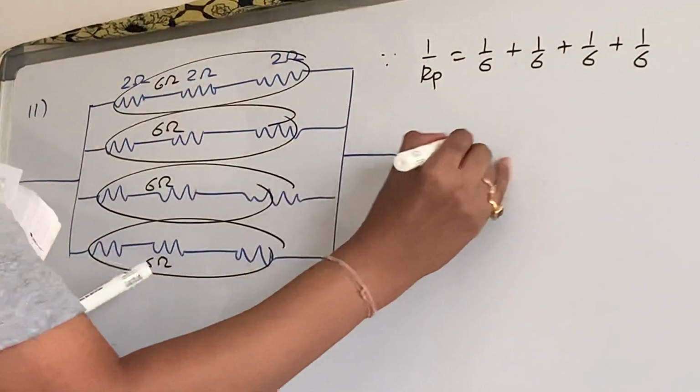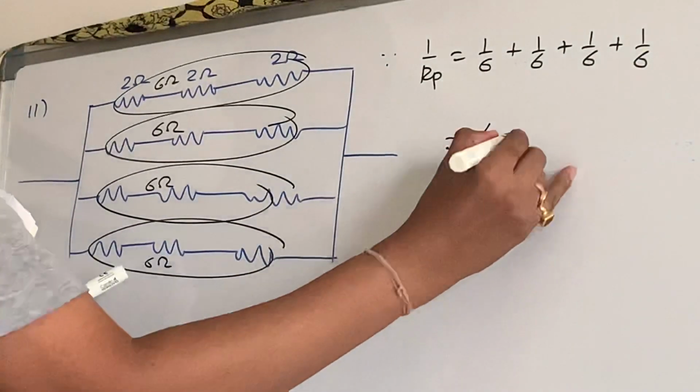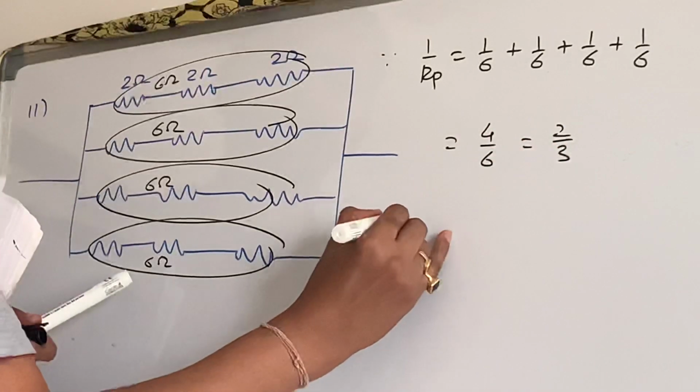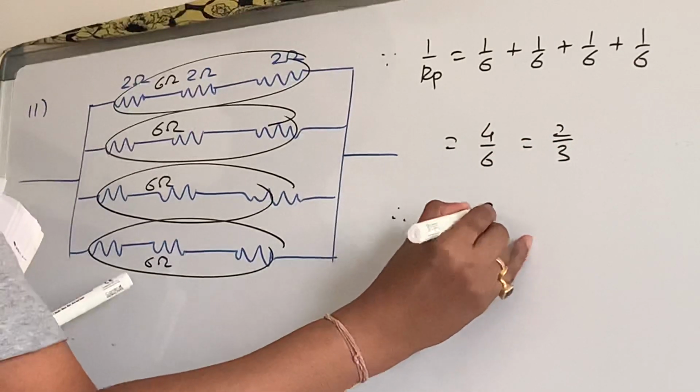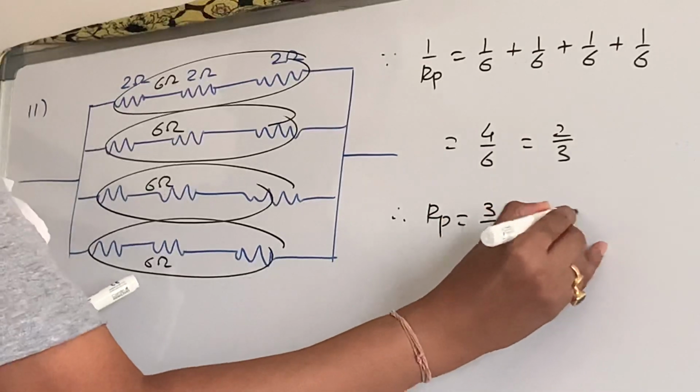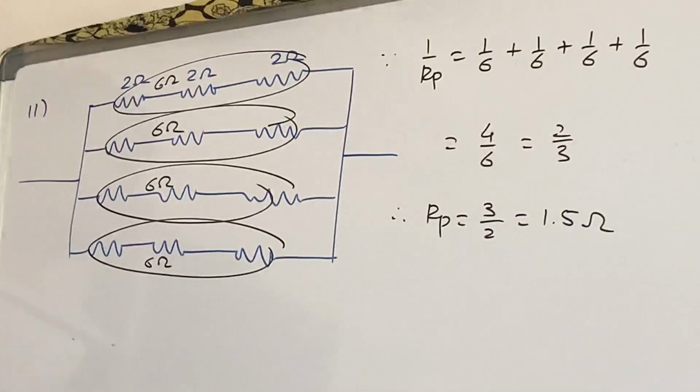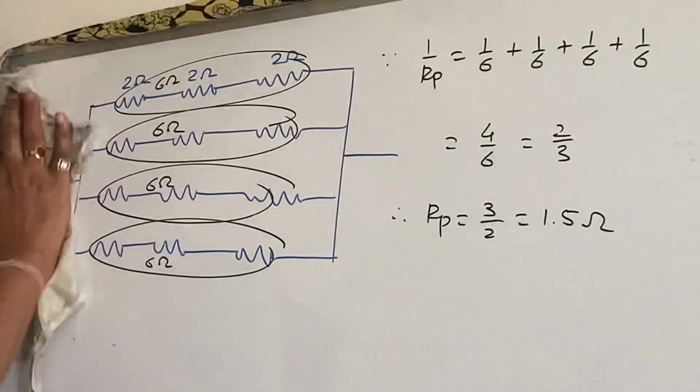So that comes out to be 4 by 6, which is 2 by 3, and therefore Rp is equal to 3 by 2, which is equal to 1.5 ohm. This is the 11th.